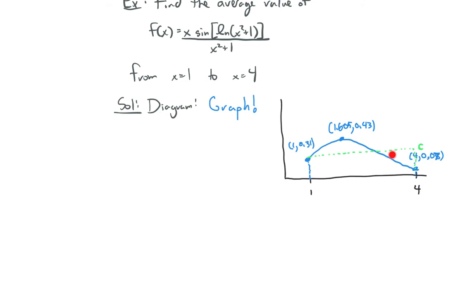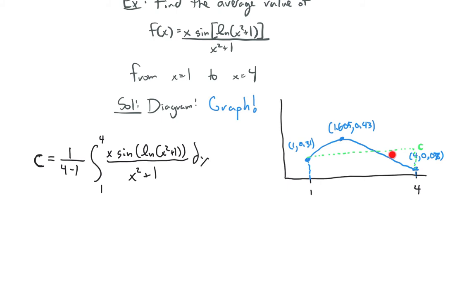And this value c is going to be 1 over the length of our interval, 4 minus 1, times the integral from 1 to 4 of our function, x sine of ln of x squared plus 1 over x squared plus 1, with respect to x.